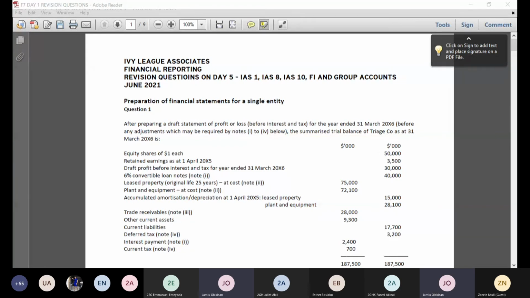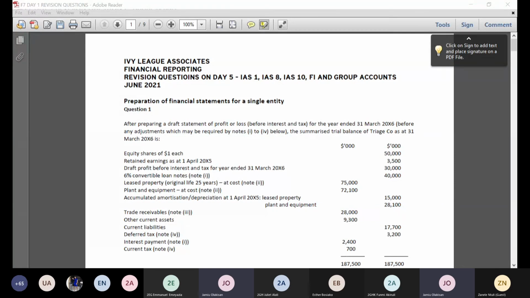Change from cost model to revaluation model under IAS 16 and under IAS 38 is not a change in accounting policy to be dealt with under IAS 8. IAS 8 does not apply. You know the implication of that? You will not change that policy retrospectively. You will not go back to 2020 to revalue. You will only start the revaluation from 2021. Is that clear? You will only start from 2021.